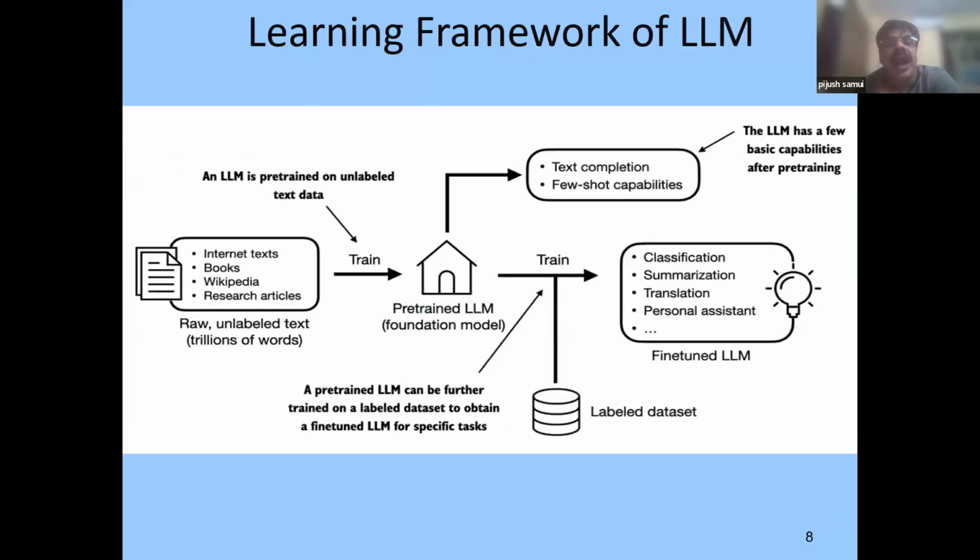So how has the learning been done in the LLM model? We take data sets such as internet textbooks, Wikipedia, or research articles, whatever raw, unlabeled data is there. Then we give it to the pretrained LLM model for text completion and few-shot capabilities, and you train this model to do classification, summarization, translation, and as a personal assistant.